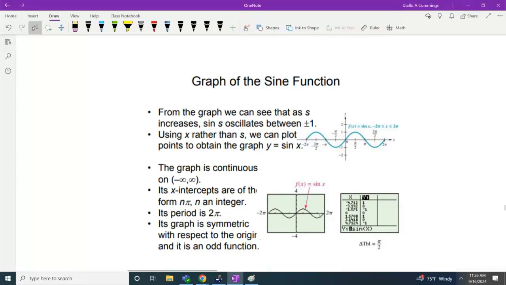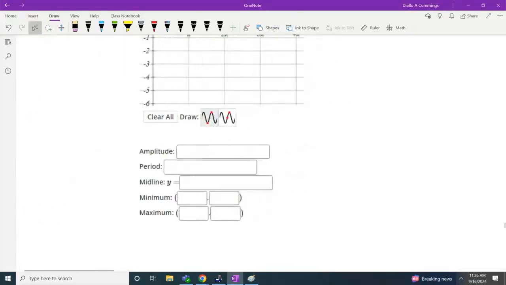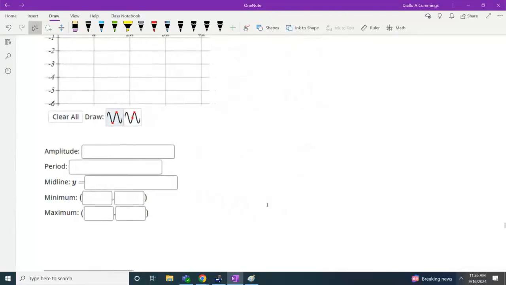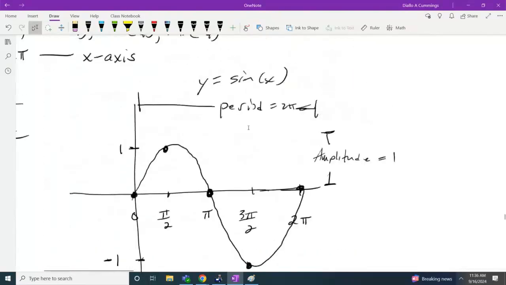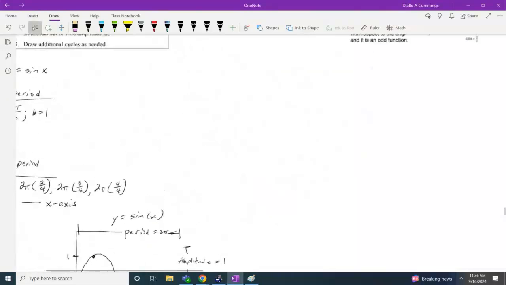Okay, those are the points where your graph touches the x-axis. Okay. Well, we don't find x-intercept points in this class. The period is 2 pi. Okay. All right, any questions about the sine curve? All right, we're also going to graph the cosine curve. All right, and we're going to do it much the same way.